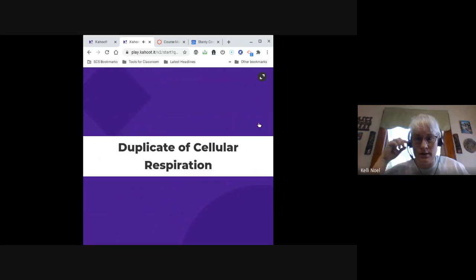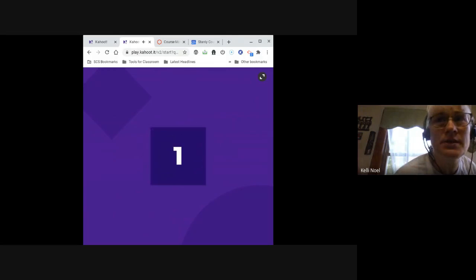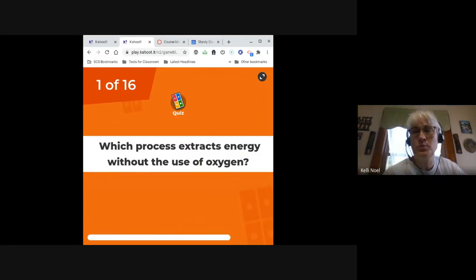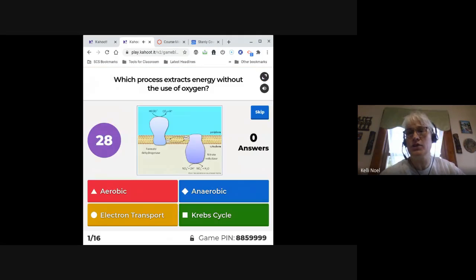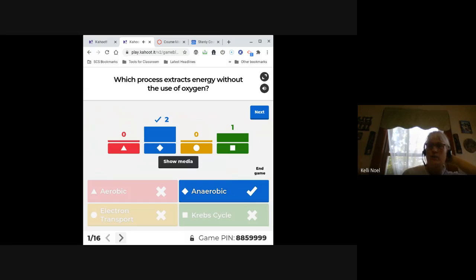All right, let's see what we got here. Now, this is cellular respiration. Remember, it's opposite of photosynthesis. Which process extracts energy without using oxygen? Without is the key. No oxygen. All right, anaerobic.